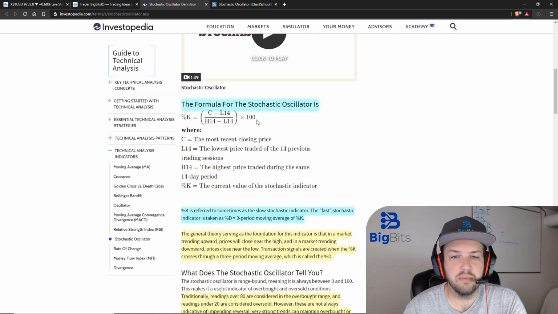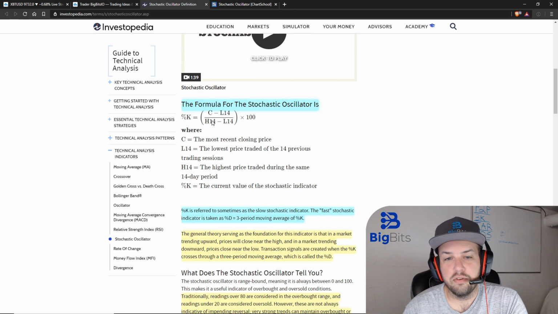I know this looks like it could be difficult, but really C here stands for the closing price, and you subtract from it the lowest price of the last 14 candles. That includes the current candle. So if you are at the current low, it'd be 0. Normally though, you're going to be above it, and you would divide this by the highest value minus the lowest value in the 14.